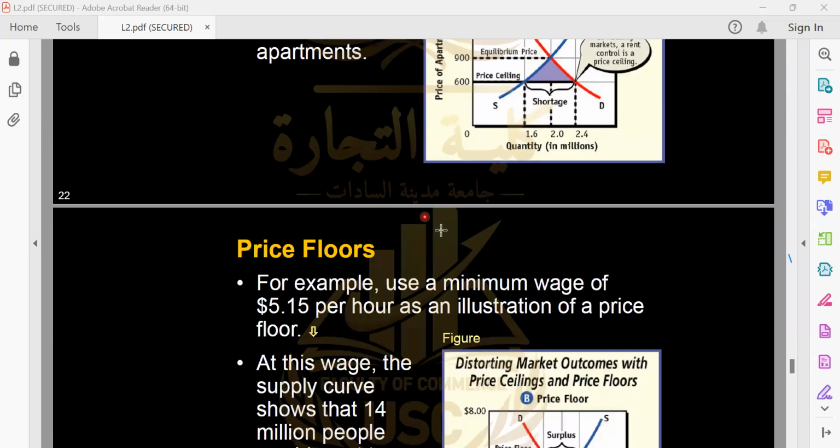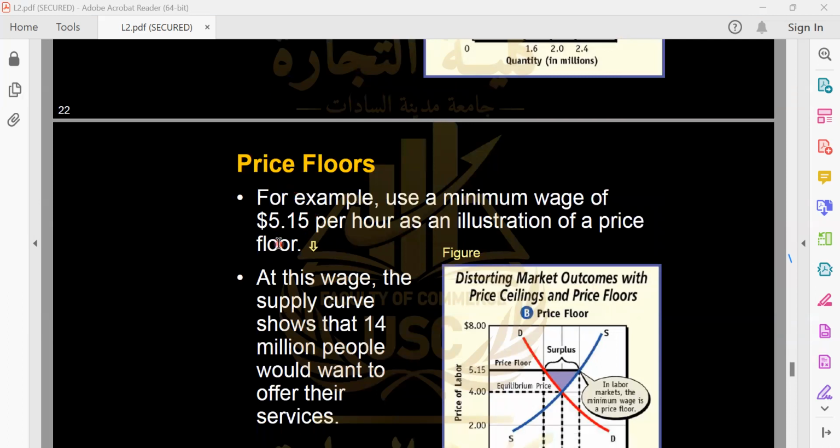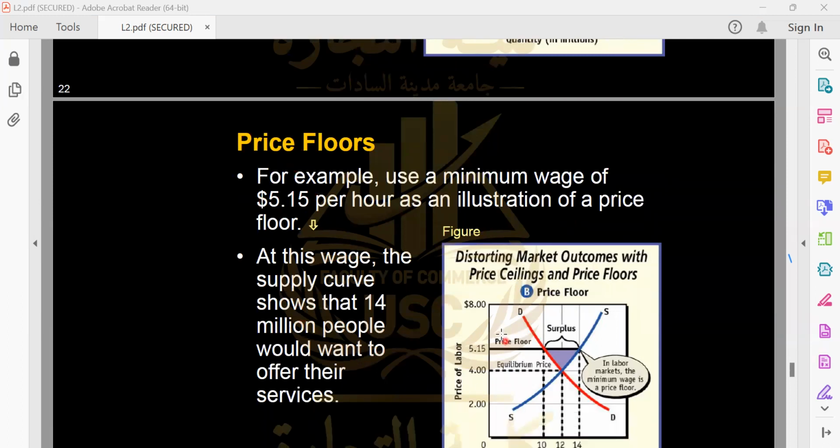For price floor, we have what is called a minimum legal price, and one of the more important examples of price floor is the minimum wage, a minimum wage for the labor force. If we have, for example, an equilibrium wage of $4 per hour, and we have a minimum wage, a price floor of 5.15.